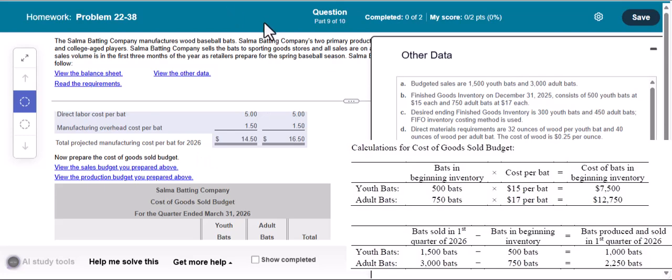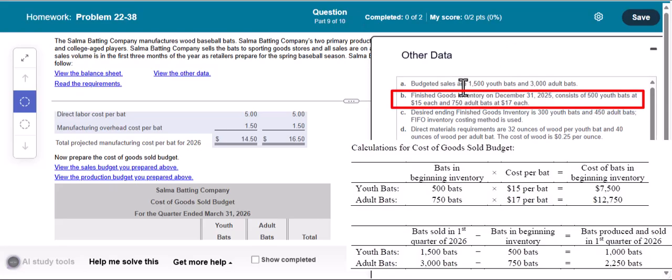So we're just going to take the cost per bat and multiply it by the number of bats we sold, right? Well, there is a complication. We have some bats already in inventory, and it tells us up here that in the finished goods inventory on December 31st of the previous quarter, so in other words, the beginning balance this quarter consists of 500 youth bats at $15 each and 750 adult bats at $17 each.